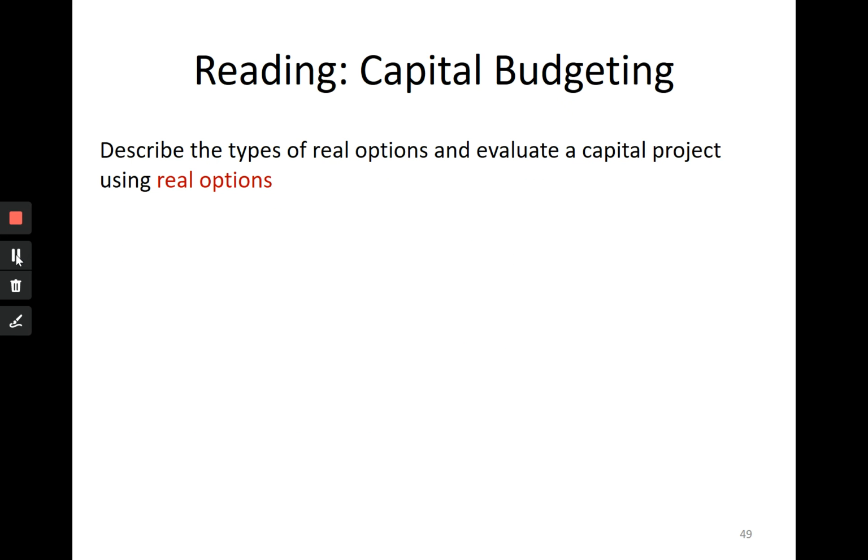Let's move to real options. First, the definition of real options. These are options where the underlying asset is a project or real estate. Usually, these options give us extra value.